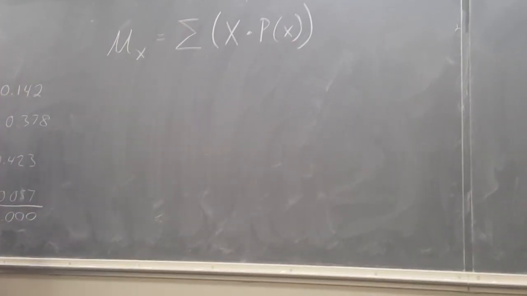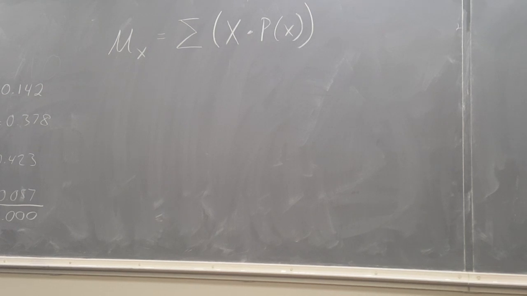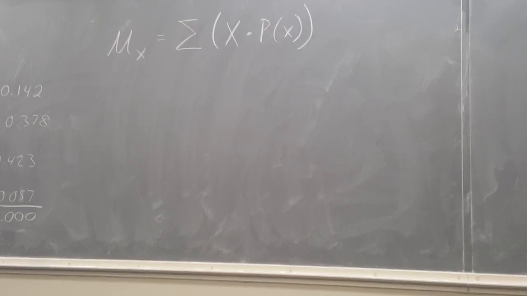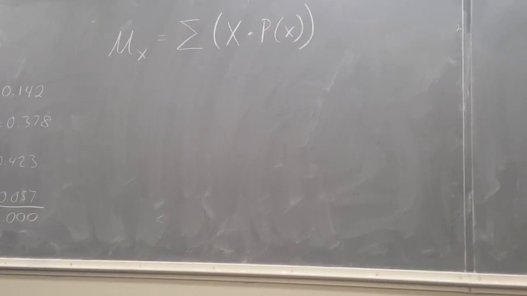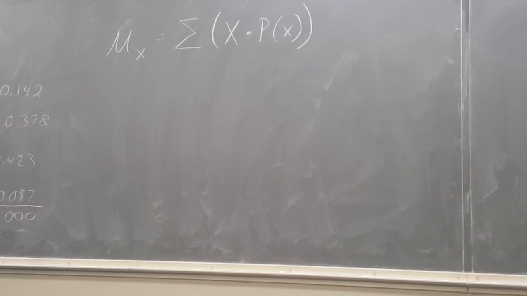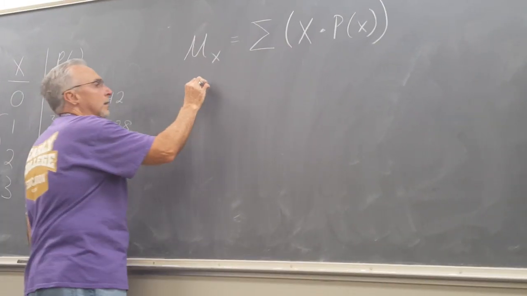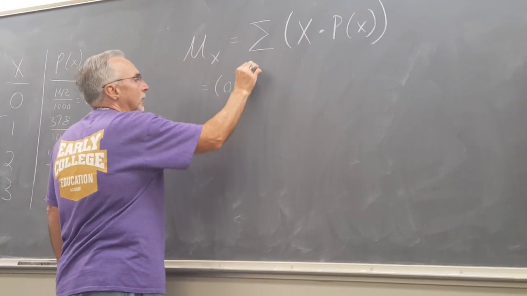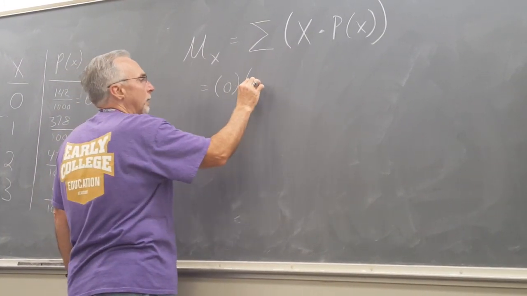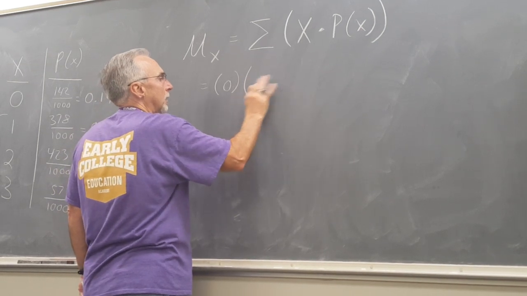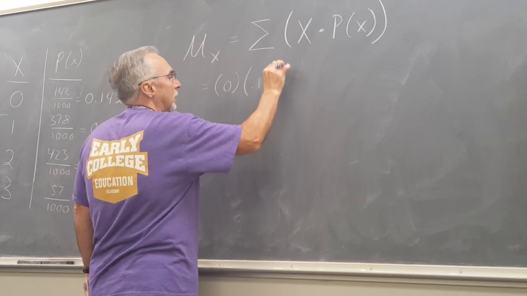All right, so to calculate the mean, remember the sigma just means sum, I'm adding together. So what you're going to do is take your x value, your random variable, times your probability. Because it's a zero, you can ignore it, but I'm not going to ignore it because I want you to remember that it's there.